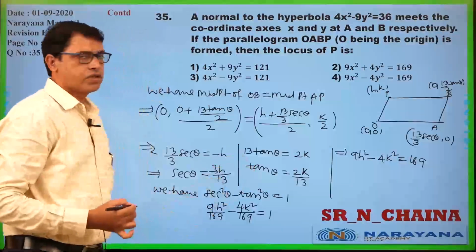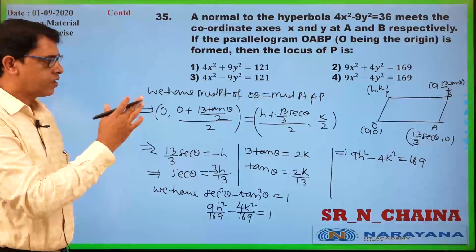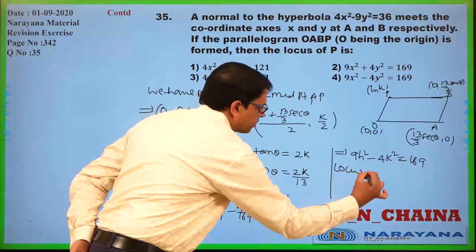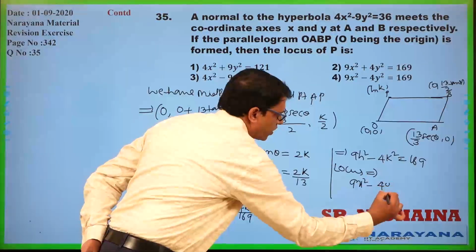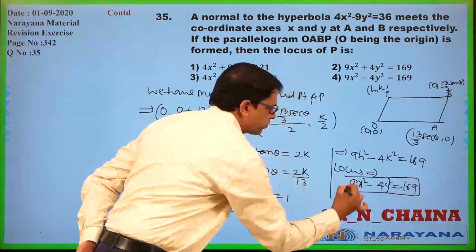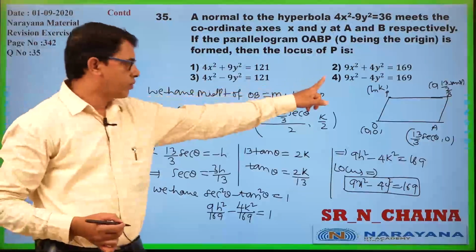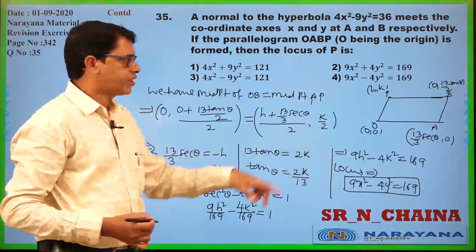So here the locus of P is (h, k). Replacing h with x and k with y, the required locus is 9x square minus 4y square equals 169. So the fourth option: 9x square minus 4y square equals 169.